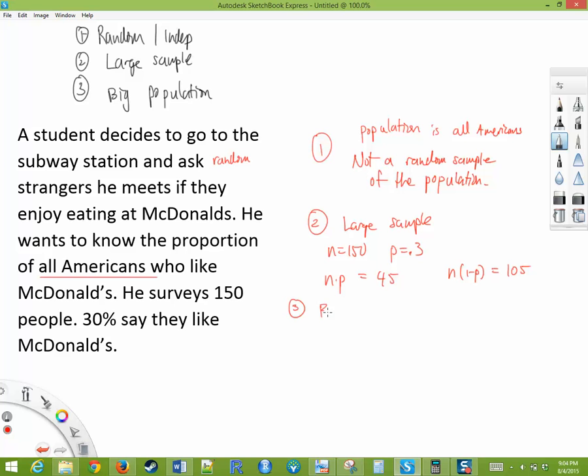And then lastly, big population. Again, my population is all Americans. So n times 10 is 150 times 10, or 1,500. The population is bigger than 1,500. Is that okay?